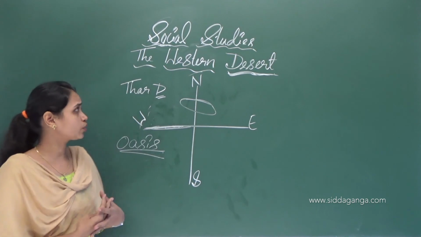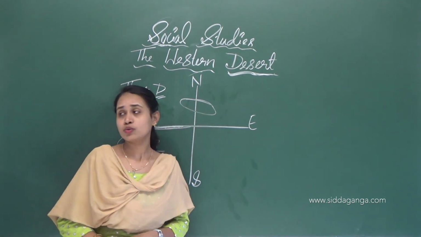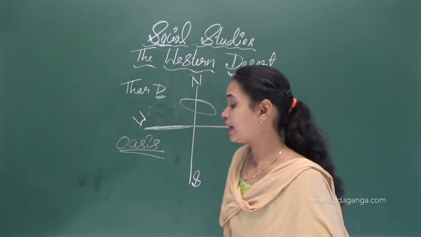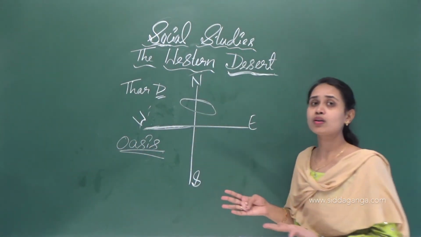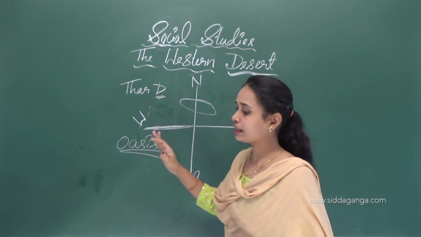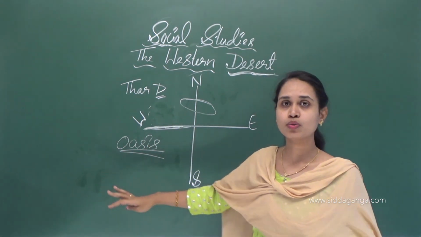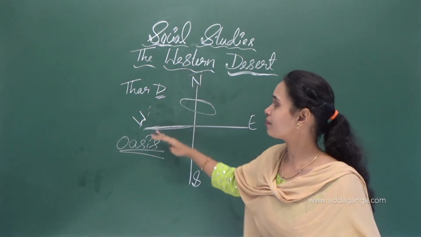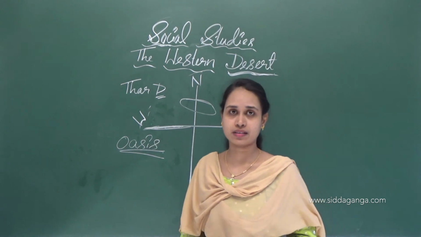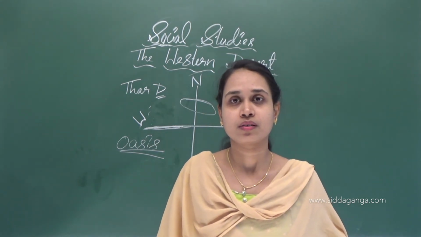I hope that you all understand. In this class we studied about the Thar Desert and the life of the people who live here. I hope that you all understood. Thank you.